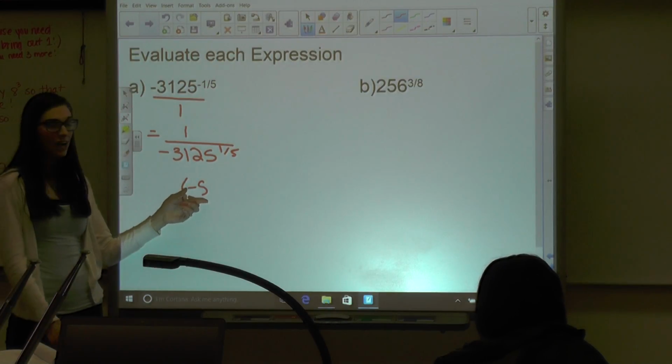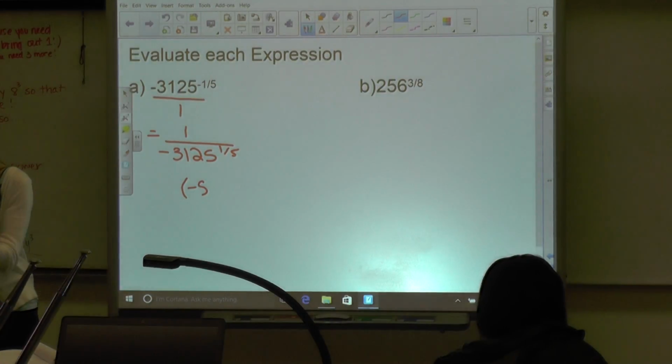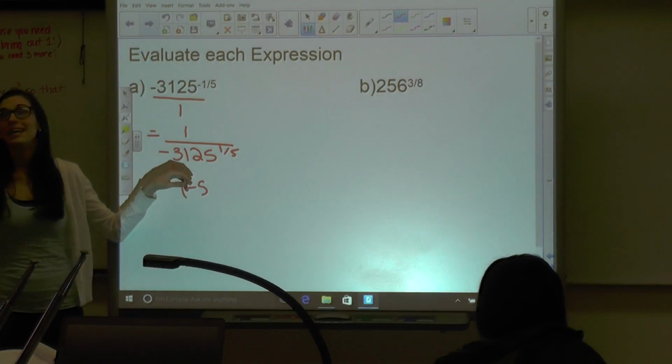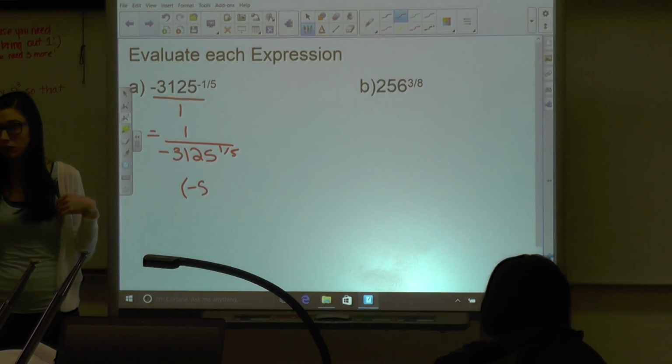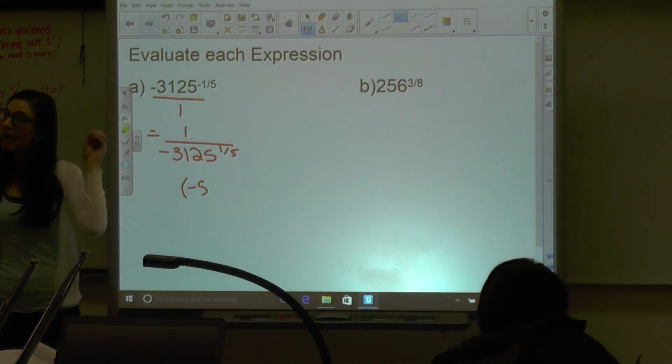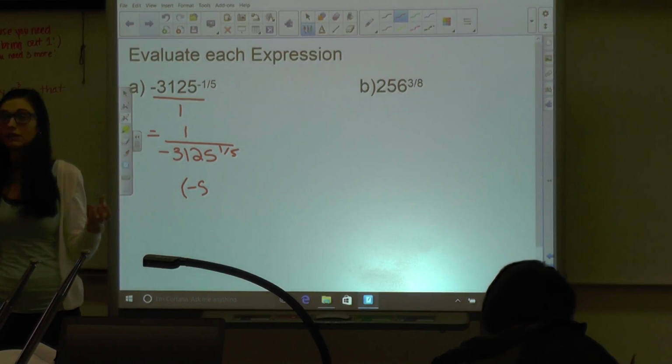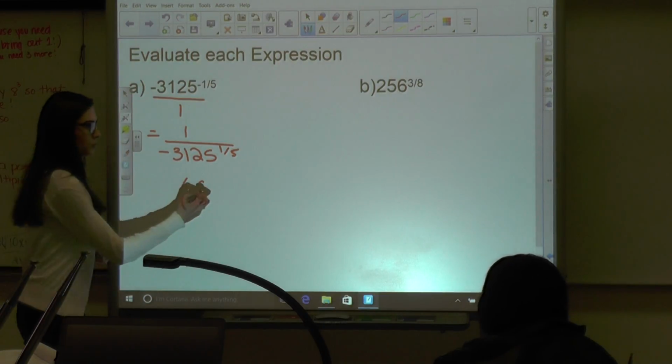So negative 5 times negative 5 times negative 5 times negative 5 times negative 5 will give you negative 3,125. If it would have been 5 to the power of 5, that wouldn't have ever given you a negative, right? But this will.